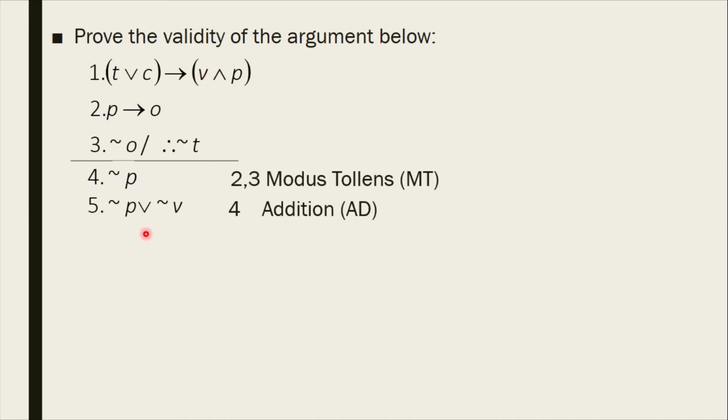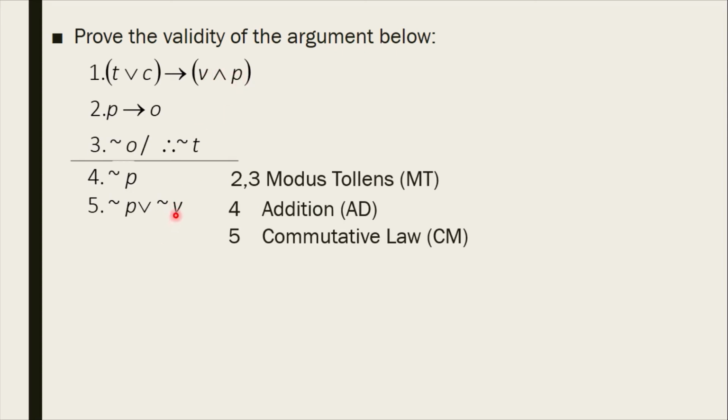Okay, and then we're going to change its form for premise number 5 using De Morgan's law, or sorry, we're going to use commutative law, since the statement that appeared first here is V, so we'll just make it similar.